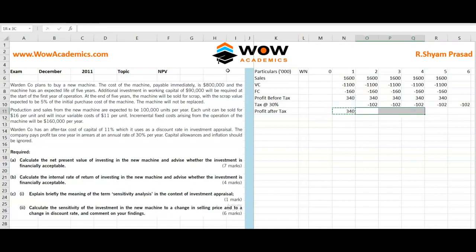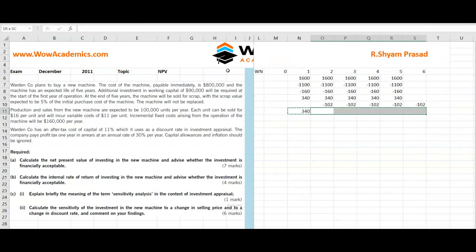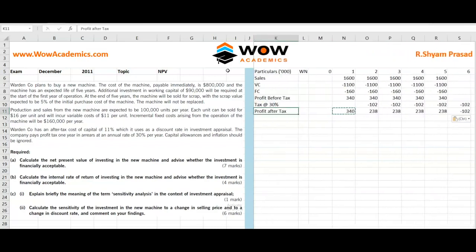You got 340. Do it all the way for all the 6 years. So we got for all the 6 years the tax and everything. So this paragraph is over, and the tax part is over. So we'll go to the first paragraph, which is about the new machine.